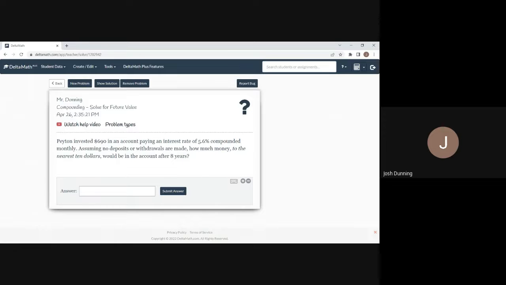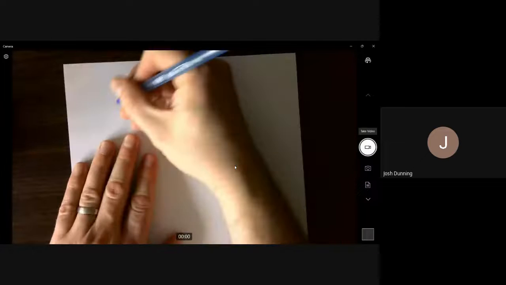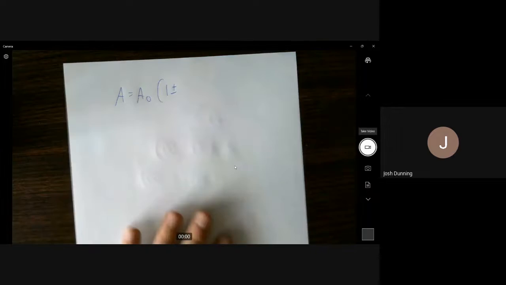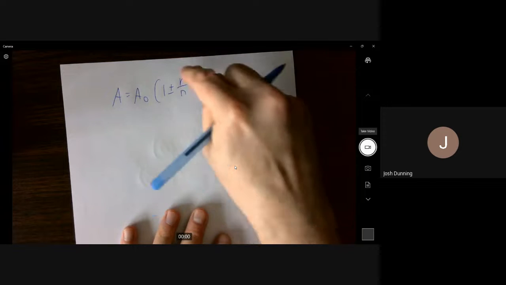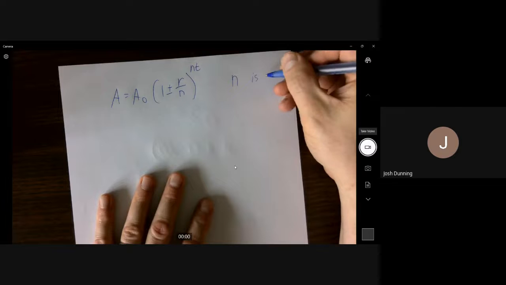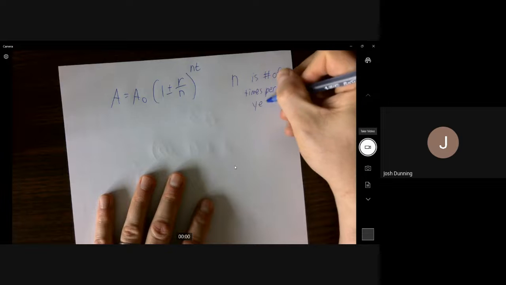All right, let's see. We'll go over the formula here. So let me go back to my paper. Now, the formula for this compounding, it's almost the same. You divide R up by N, and then you multiply the T times N. And N is the number of times per year.